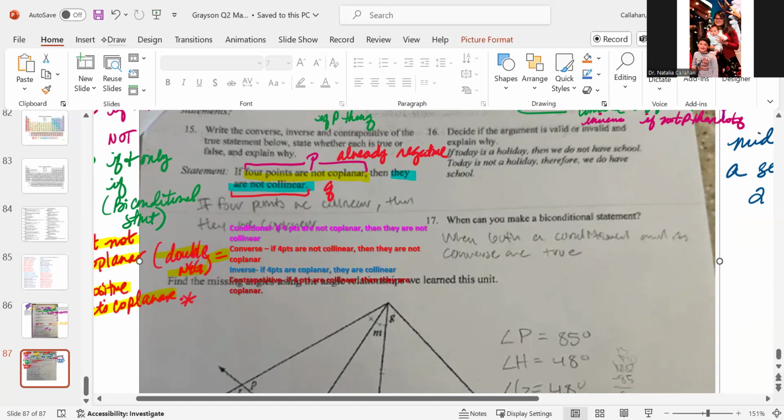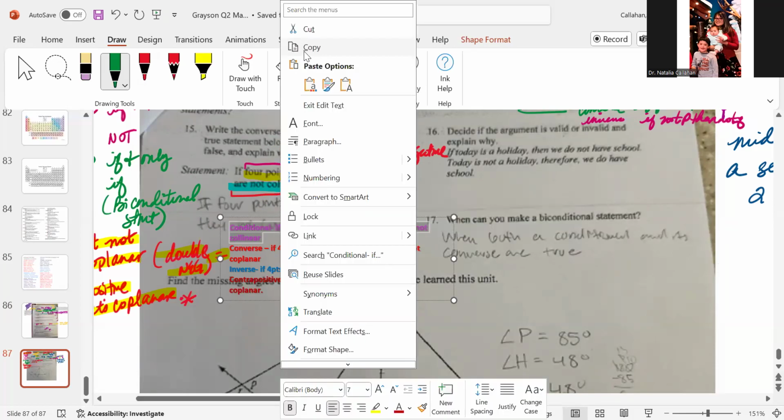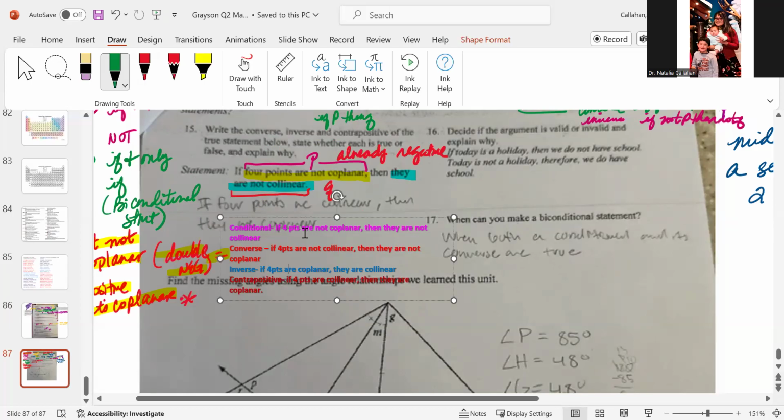Conditional, true or false. Your 4 points are not coplanar, which means they're not on the same plane, right? And they're not on the same line. False. I think it might be true, but just to make sure, we can go over here and we can find out, okay?